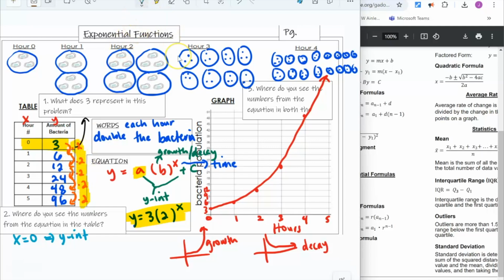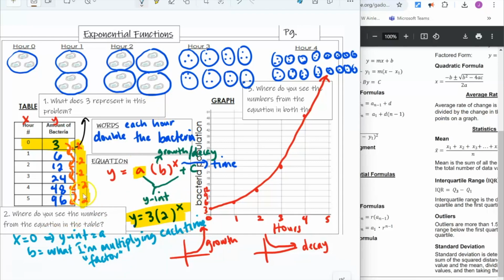So we can write B, and this is going to be equal to what I'm multiplying each time. And that in math is called your factor. Okay, so my factor is times 2. And if you know that it's factored, that way we don't have to write what I'm multiplying each time, every single time.